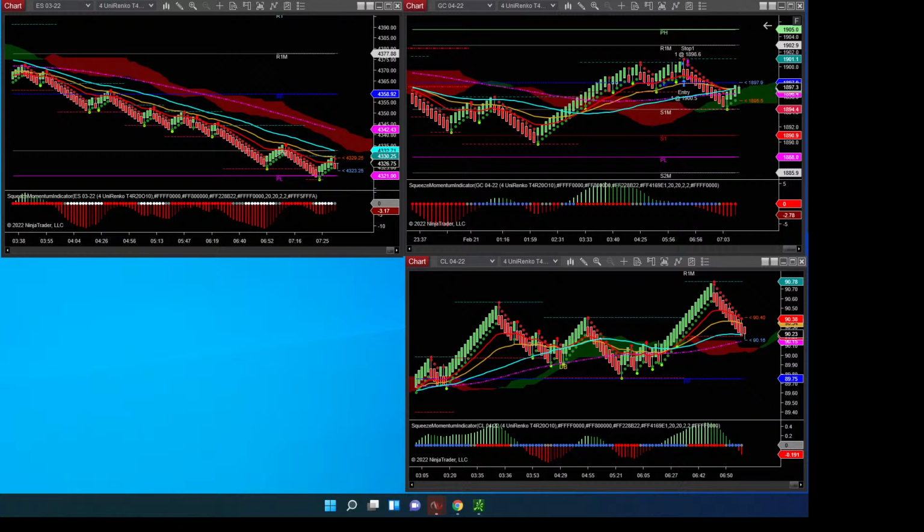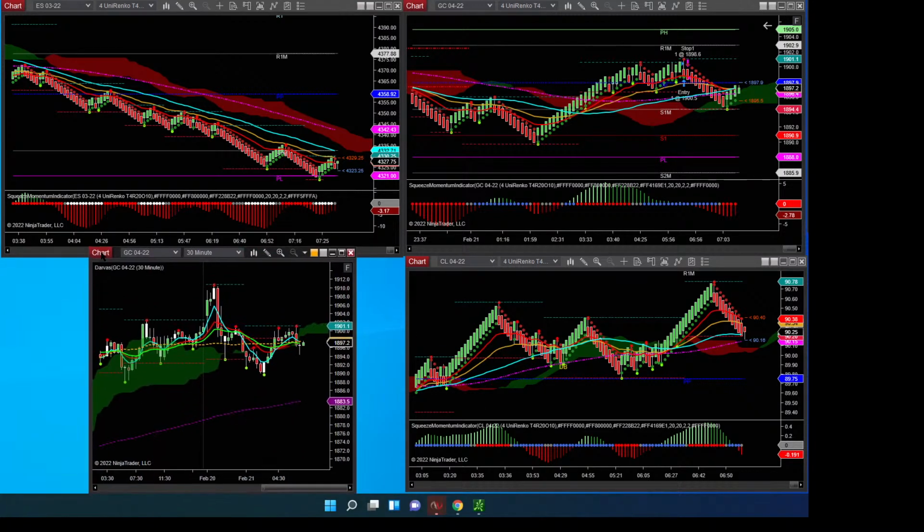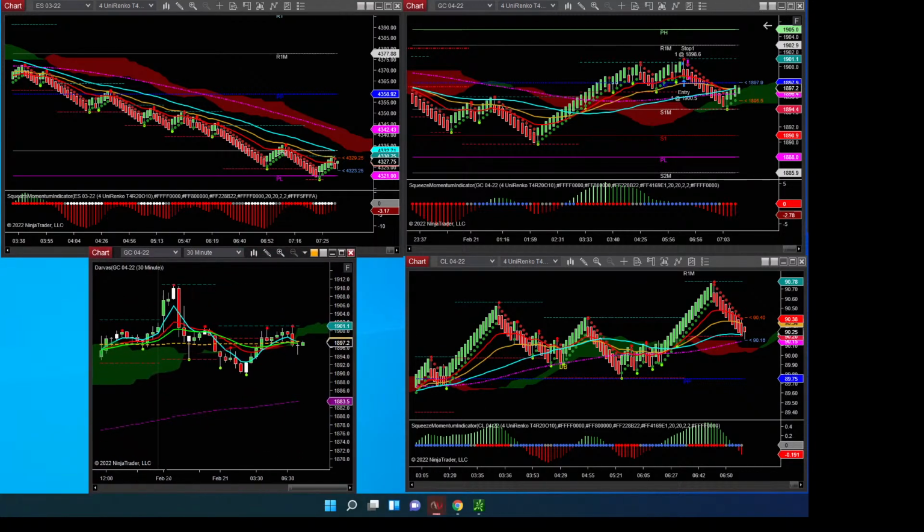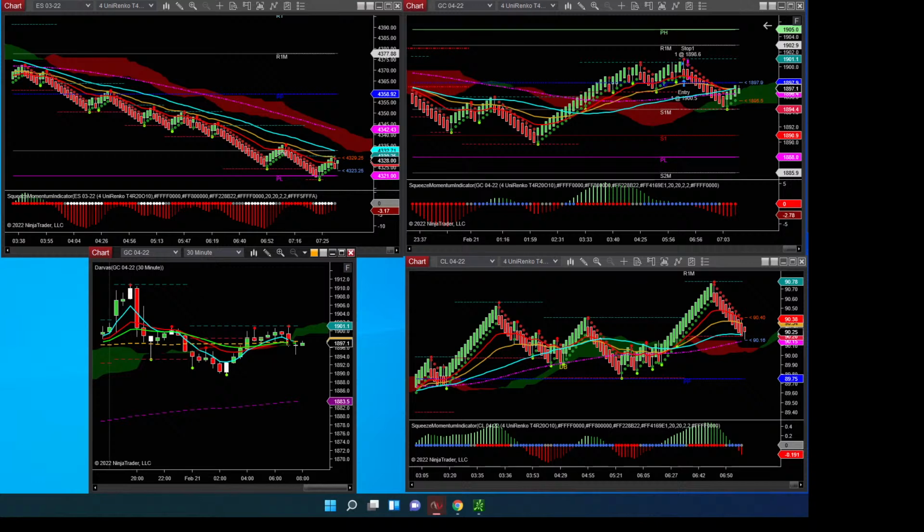Higher time frame in gold is sideways. Let me show you the 30 minutes. So 30 minutes in gold, you see all of these moving averages.